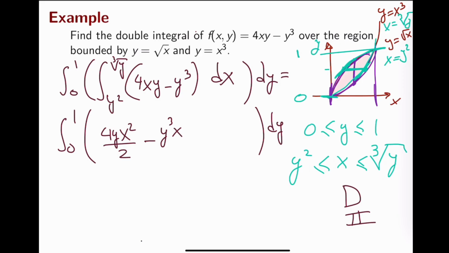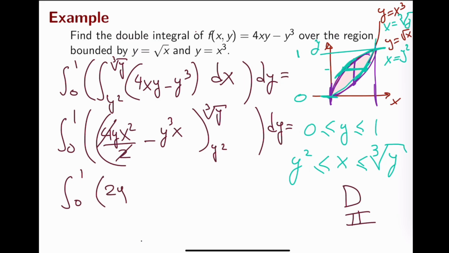And this should be evaluated between y squared and cubic root of y. And so continue the operations here. So certainly here we have a 2 there, and so this will be the integral between 0 and 1 of 2y x squared minus y cubed x evaluated between y squared and cubic root of y dy.